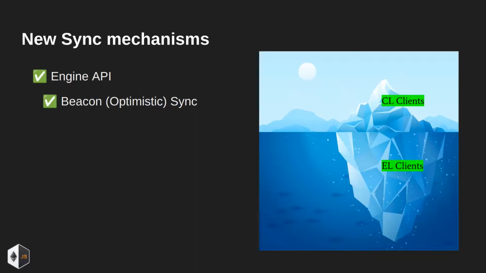But what if you are not at X? You are at X minus 5. So to solve that problem, beacon sync is what really solves that problem. What it really means is that CL clients will tell you where the head is, and then you will go do a reverse backfill.